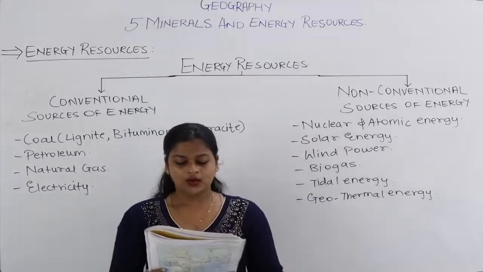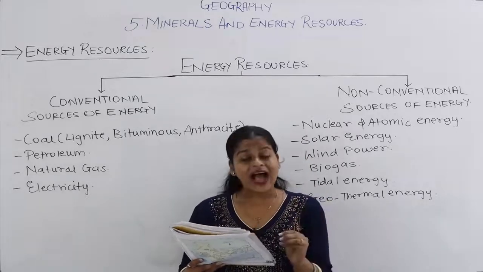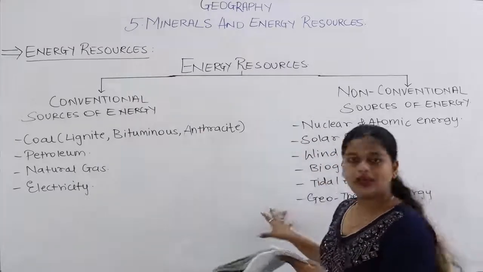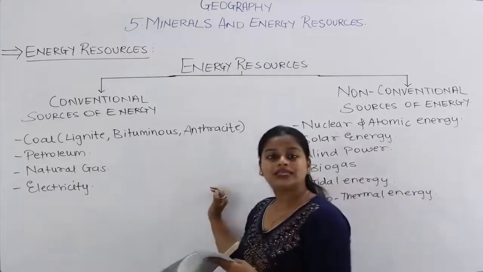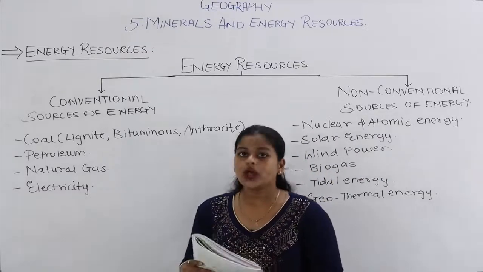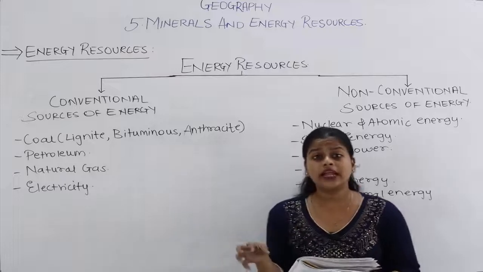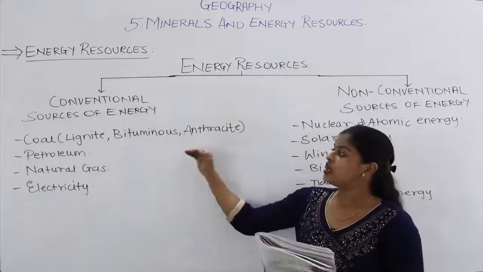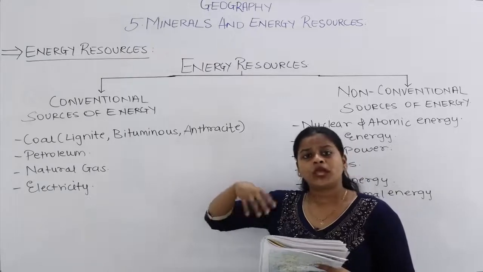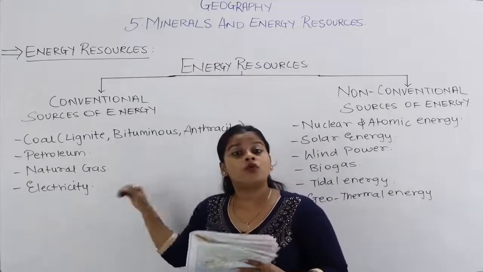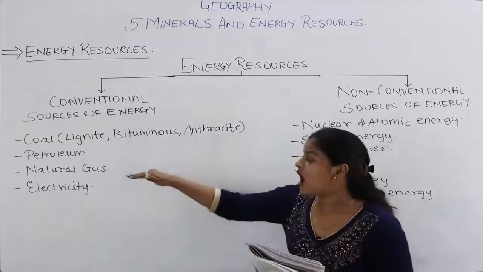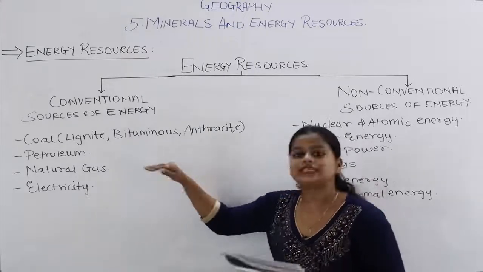Now you don't just have to remember what I have laid down. This is just for easy understanding. When a question is asked to explain in detail about the conventional energy source natural gas, you have to give more points about what natural gas is, how it works, and which places it is found.